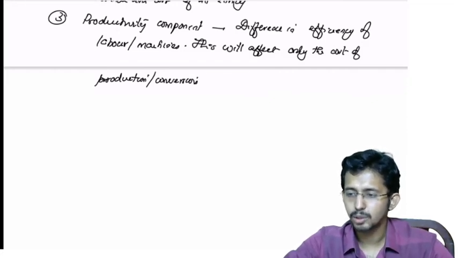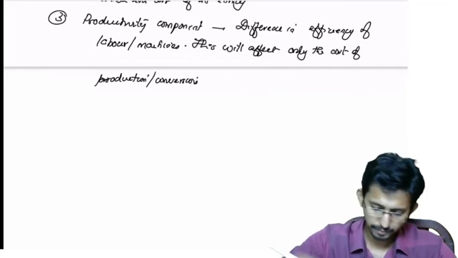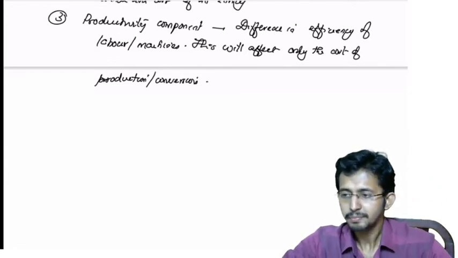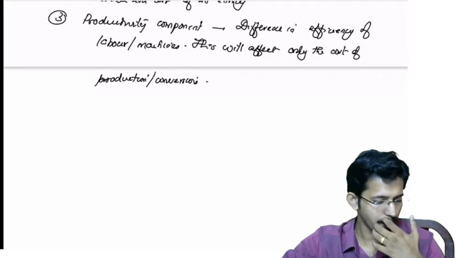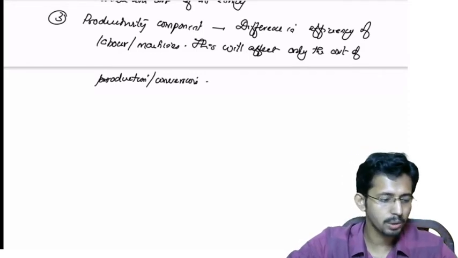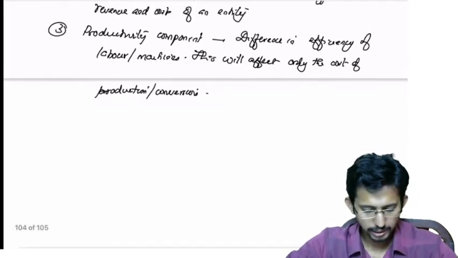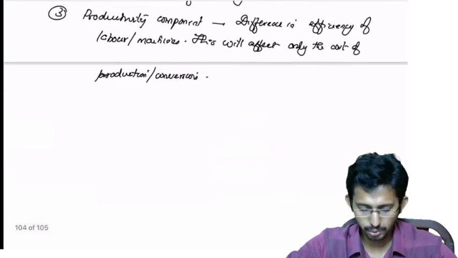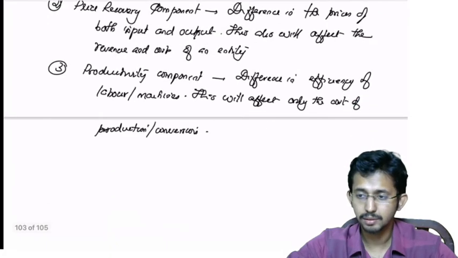Is it clear? So it can have only a cost impact. Okay, now what you have to do, you will have to see what all are the formulas for these components one by one. Okay, so you can take the first component, that is growth component, in detail.